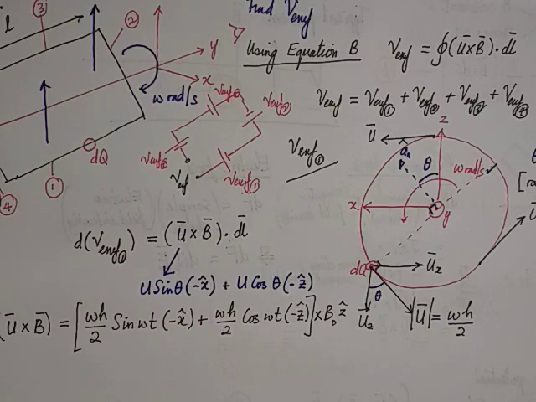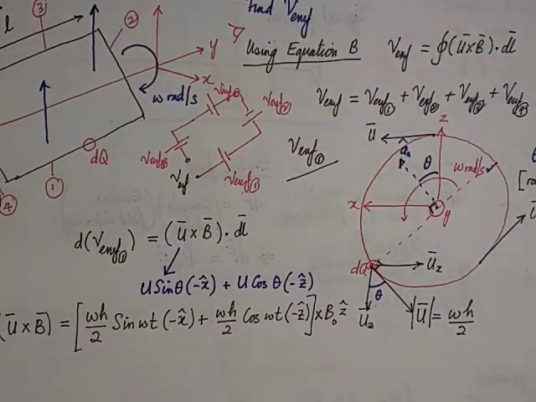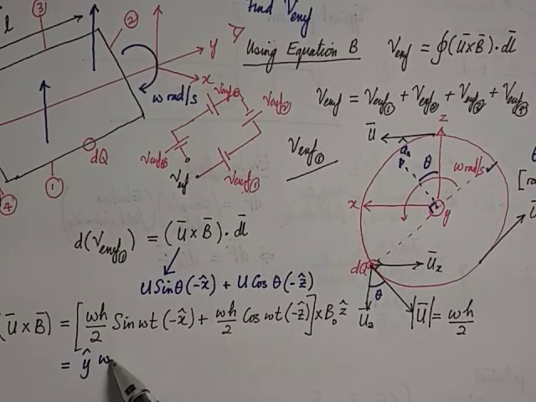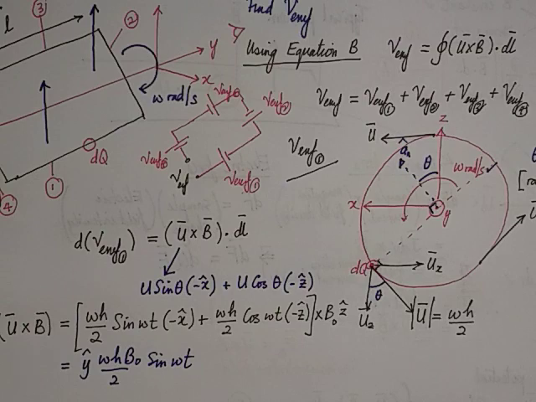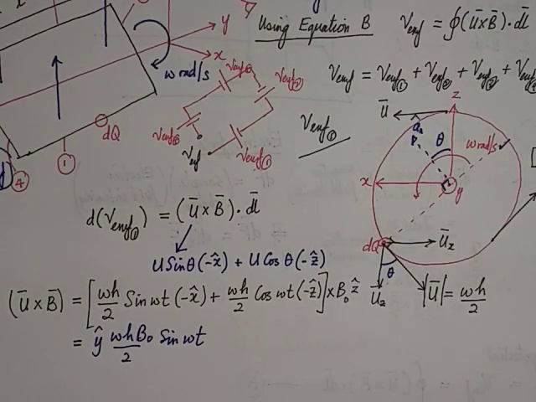So let's do that mathematics now. We are doing u cross b only. Negative x crossed with z will give us y, so what we're going to have is y omega h b naught over 2 sine omega t. That should be the first cross product that we observe.